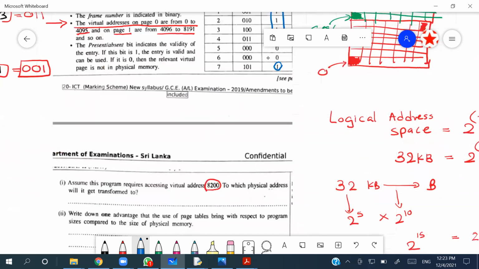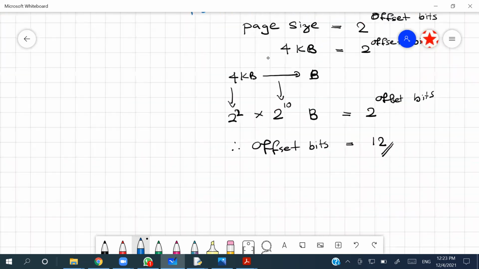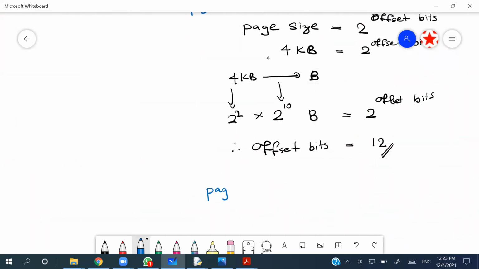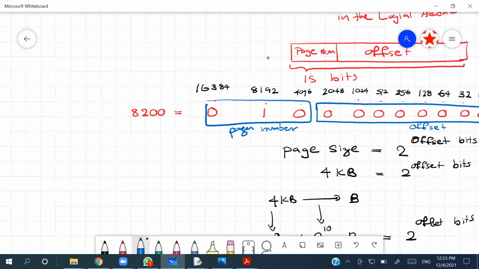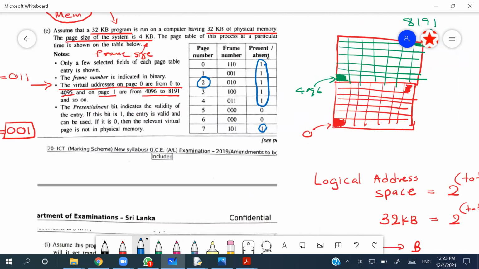The page number pattern was 010. This is in binary, so when converted into decimal, it indicates 2. Now, in your question paper, for page number 2, the corresponding frame number is 010.